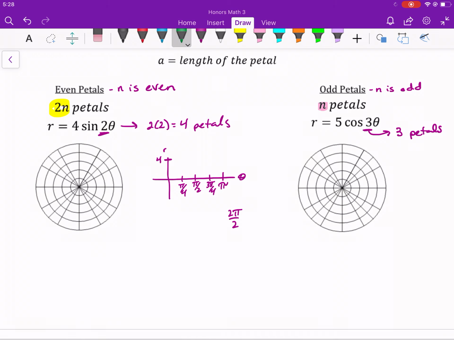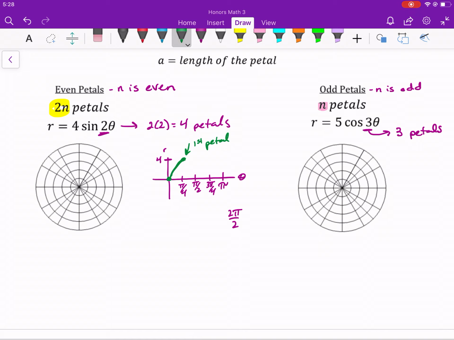So your starting petal is just wherever you're going to hit the maximum first. It could actually be wherever you hit the maximum anywhere, but it's easiest to find where you hit it first. So sine starts at 0. The first time I hit my maximum is right here at pi fourths. So that tells me where my first petal will land.